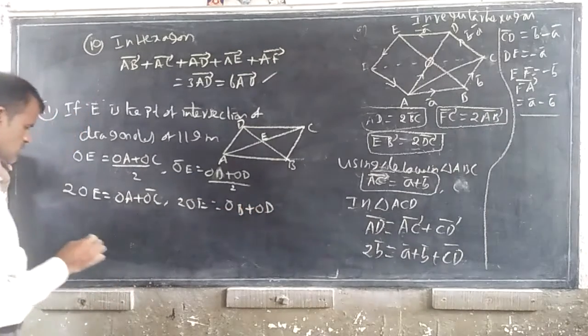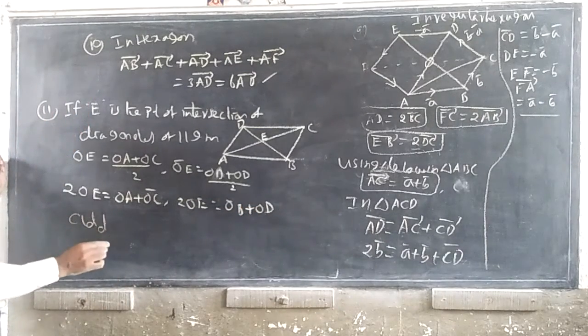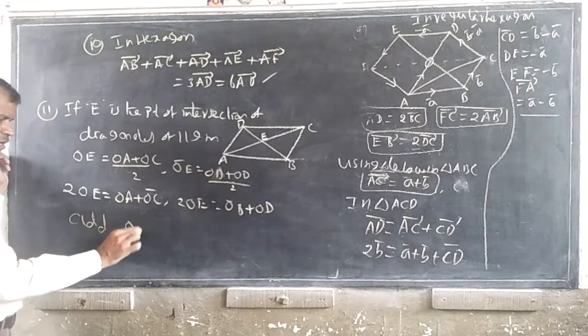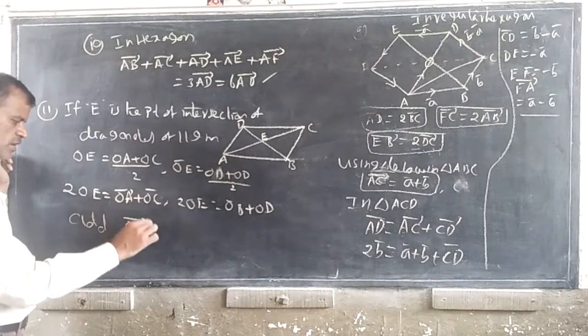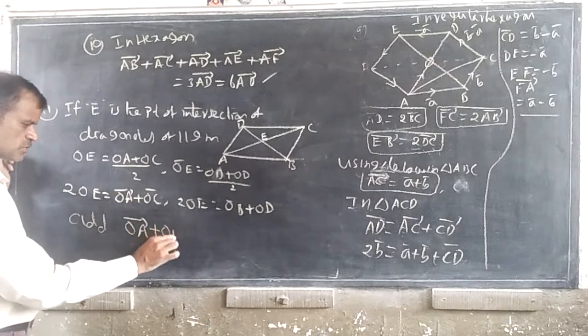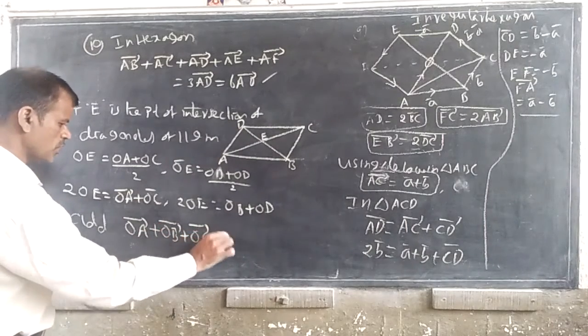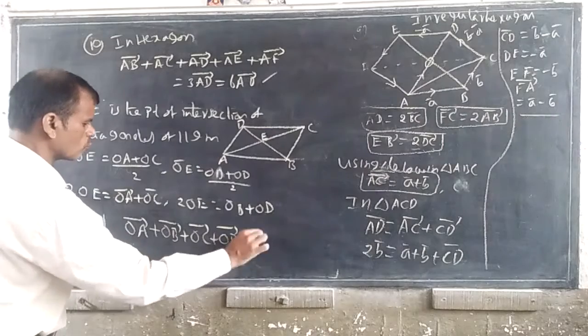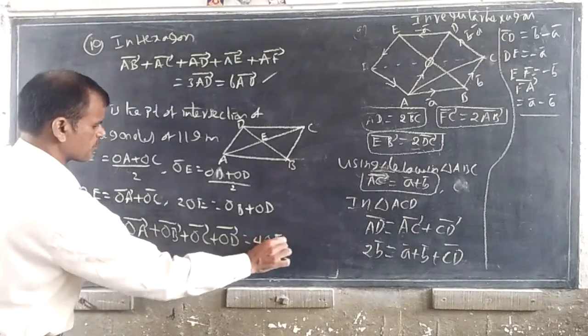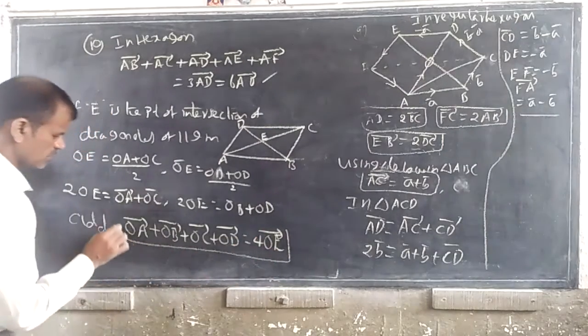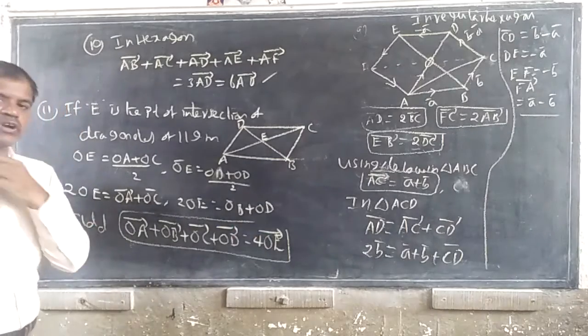Now add these two equations. So you can write OA plus OB plus OC plus OD is equal to 4OE. This is the midpoint concept.